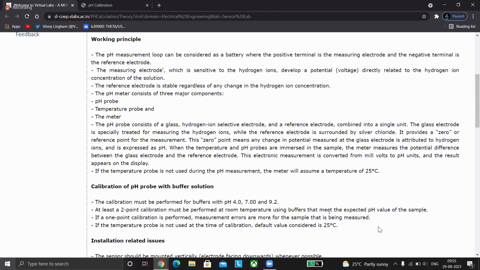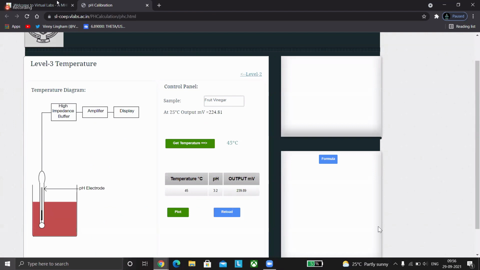If a 1-point calibration is performed, measurement errors are more for the sample that is being measured. Have we completed the calibration process in our lab? Yes, sir. Level 1 is calibration. Okay? Right. Stop sharing.